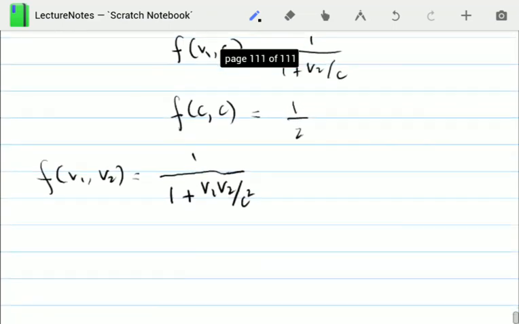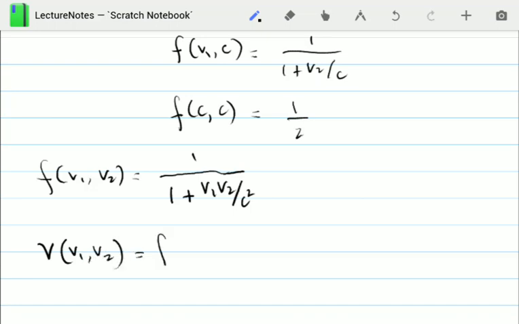So our original v, as a function of v1 and v2, which we said is some function of v1 v2 multiplied by the asymptotic case when both of them are very much smaller than the speed of light. In other words, f should be equal to 1 when v1 and v2 are very much smaller than c, which is the case here.